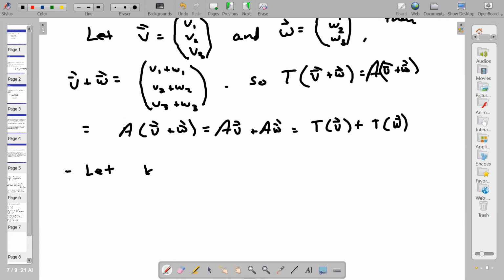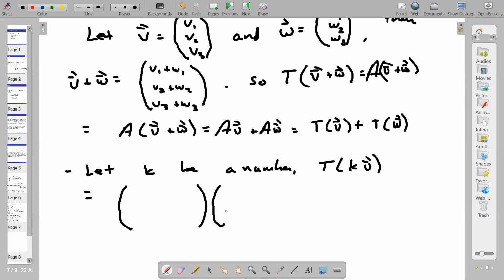For the other property, we let k be a scalar, a number. T of kv, where as usual v is a vector, is equal to what? We can check. It's productive to have a formulation for k times v. I need to remember what A is, but k times v is just k times each of the entries, so that's kv1, kv2, kv3.